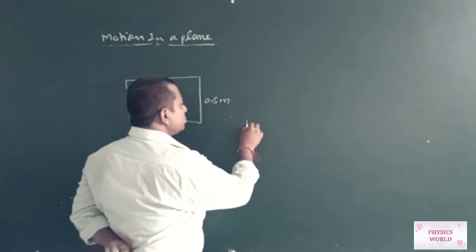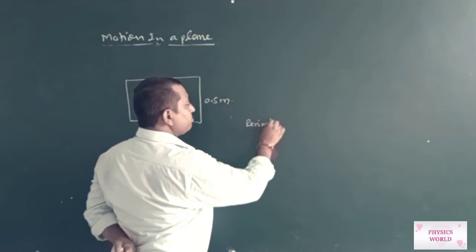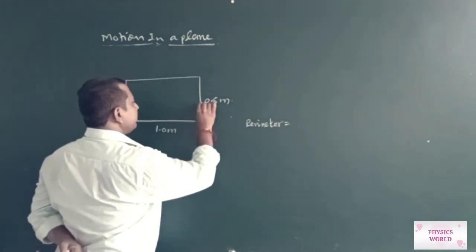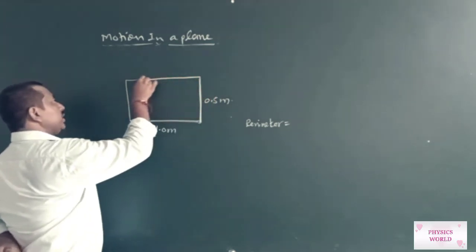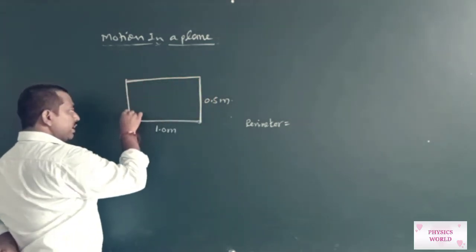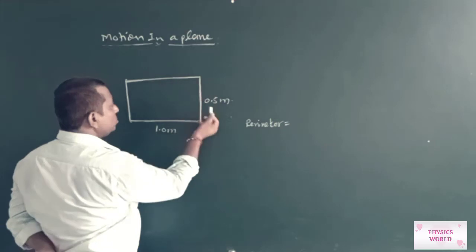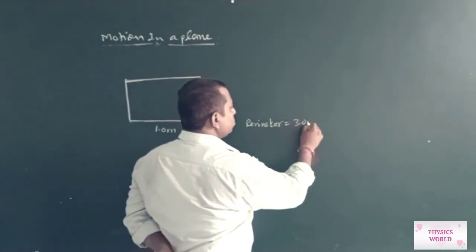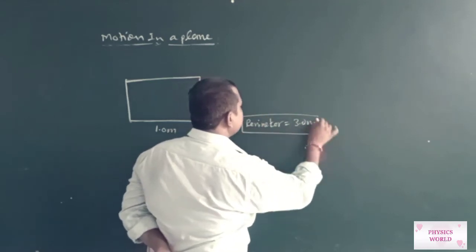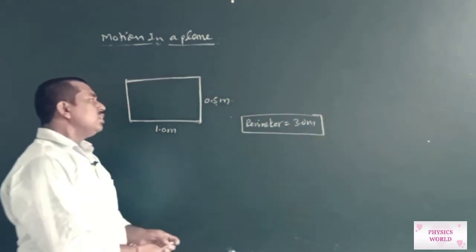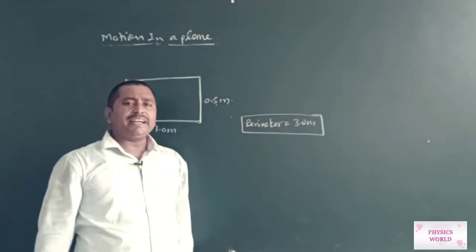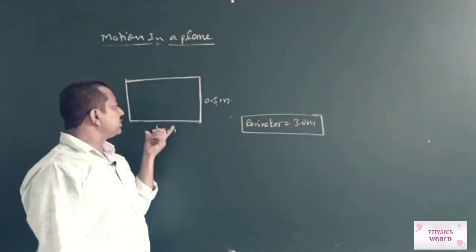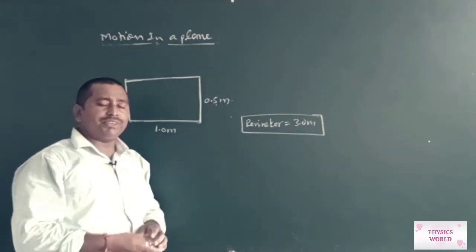The perimeter will be equal to 1 meter plus 0.5 meter plus 1.0 meter plus 0.5 meter. So 1 plus 1 is 2, and half plus half is 1. So 2 and 1 is 3.0 meter. This is the perimeter of the rectangular field. So it is easily obtained by directly summing up all the lengths and widths of the rectangular field.